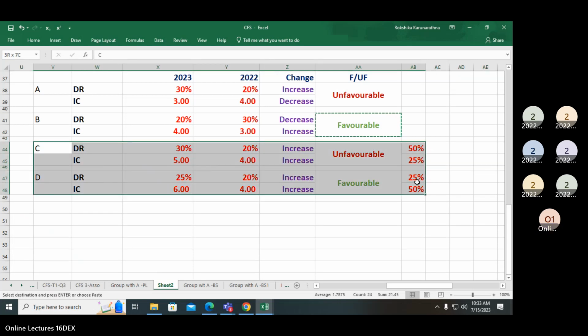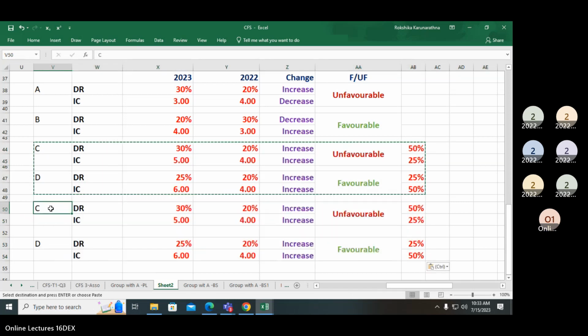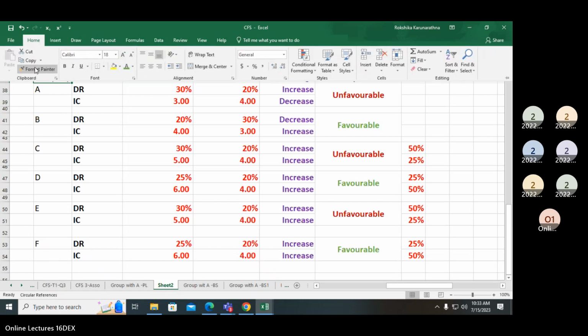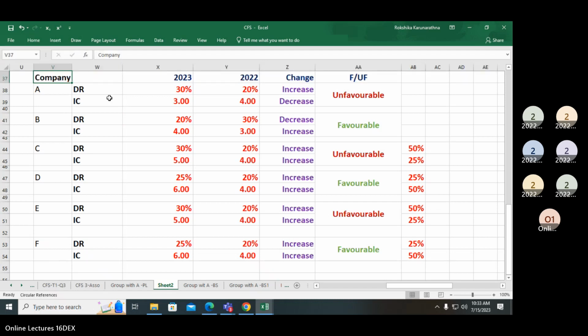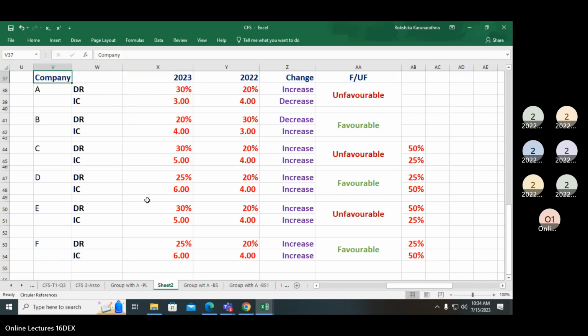right. ඒ විදිහට මම ගන්නවා තව අවස්ථා දෙකක්. E and F two companies. E වල අපි ගමු debt ratio එක 30 to 20.